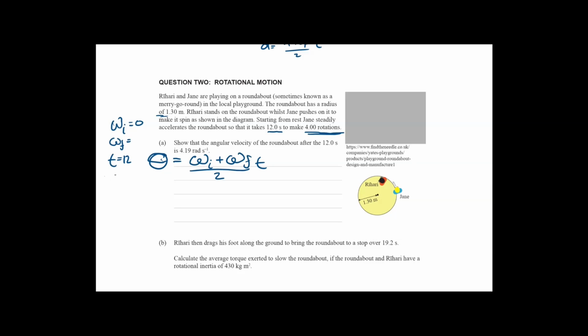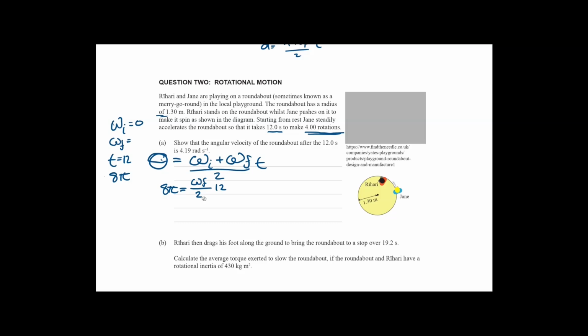One rotation is 2 pi, so 4 rotations is 8 pi. So now it's an algebra question. 8 pi is going to be equal to the final angular velocity divided by 2 times 12.